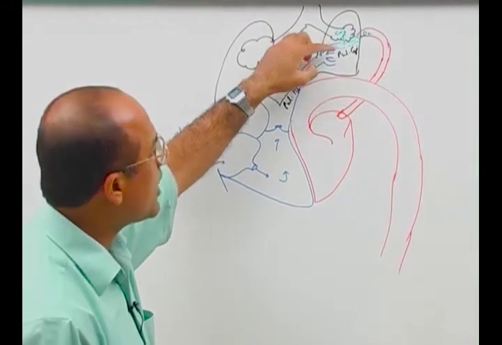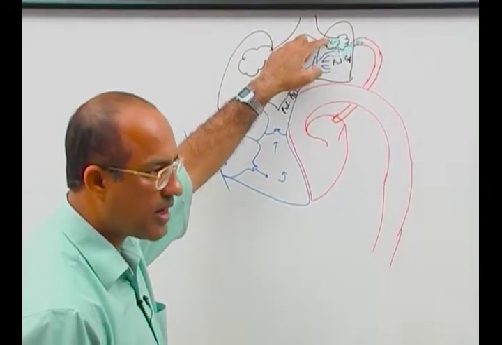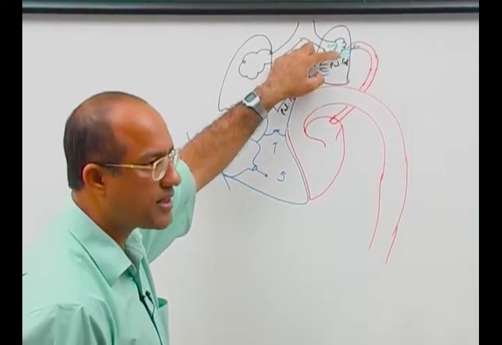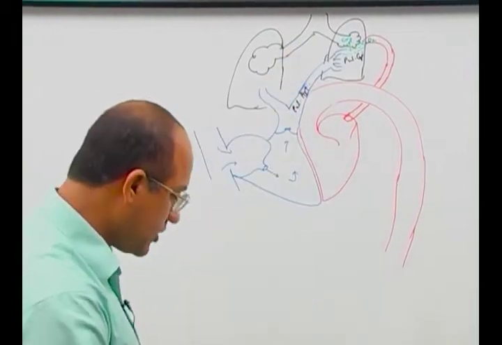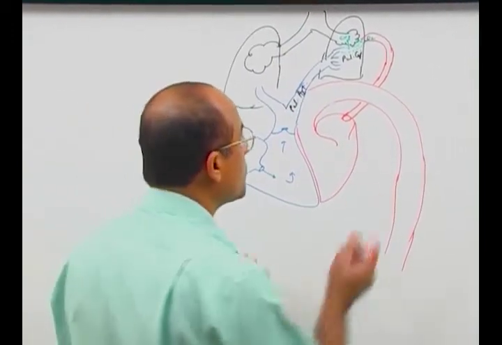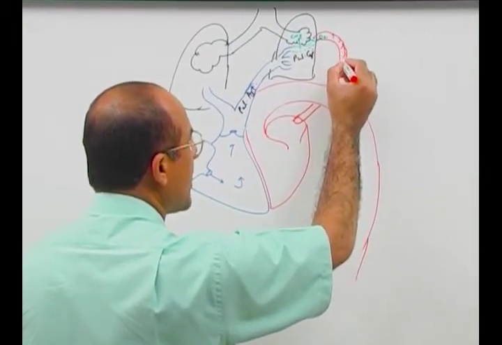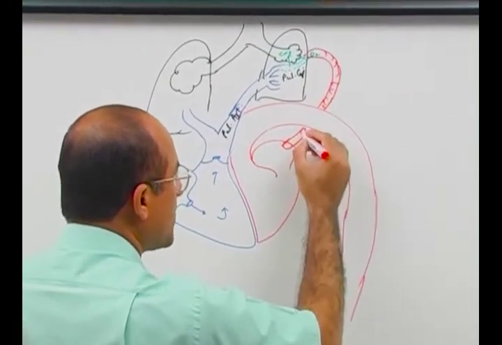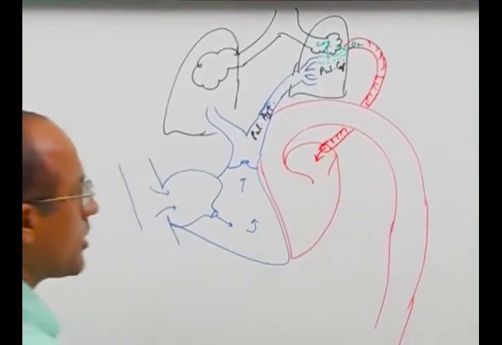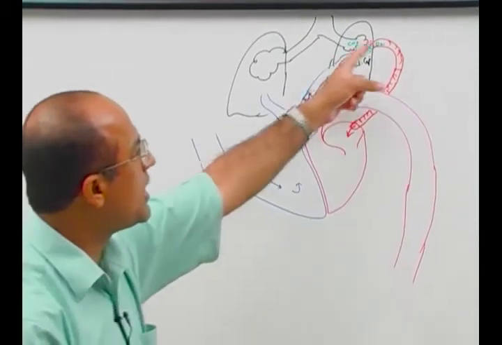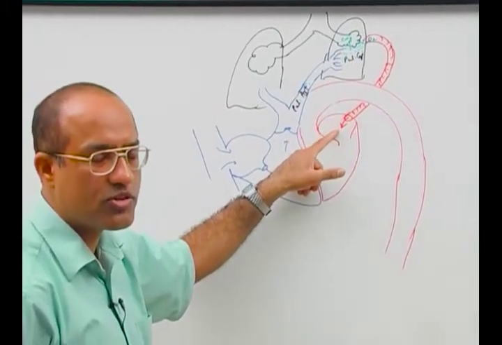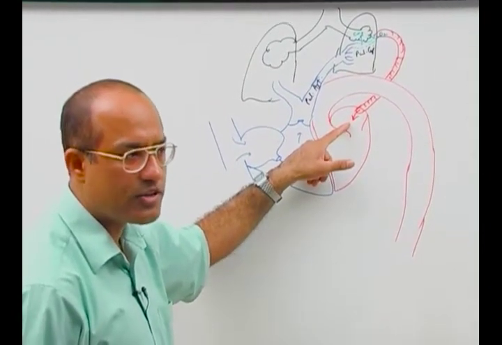Is that right? Carbon dioxide will be lost to the lungs and oxygen will be picked up by the blood, and then oxygenated blood will move to the left heart. This oxygenated blood coming to the left heart, of course, is draining into the left atrium.